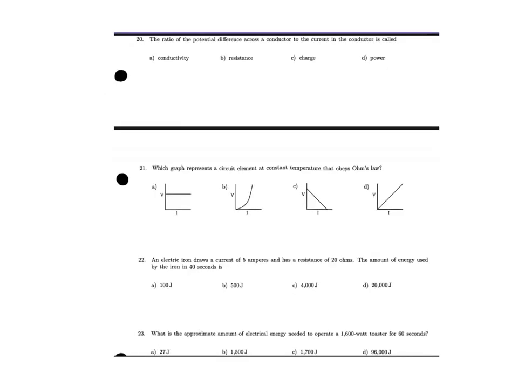Number 20, the ratio of potential difference across a conductor to the current is called... So what you have here is voltage over current, which if you look at the V is equal to IR formula, would be the resistance. So number 20 should be B, the resistance. Number 21, which graph represents a circuit element at constant temperature that obeys Ohm's law?